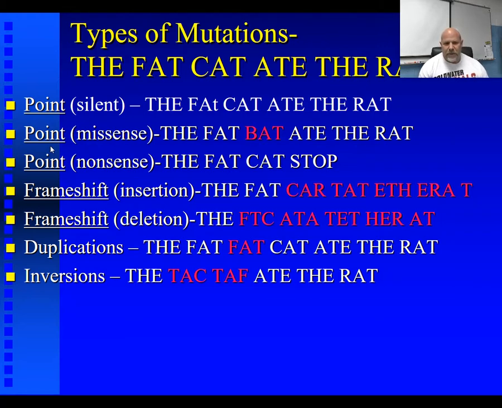Those are bad. Because basically what you're going to do is replace the codon with a stop codon. So your protein only gets partially made, and partially made proteins are non-functional. And so there are point nonsense mutations that are pretty serious genetic diseases.